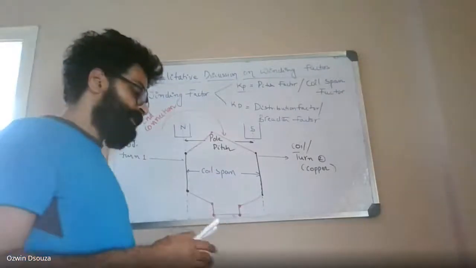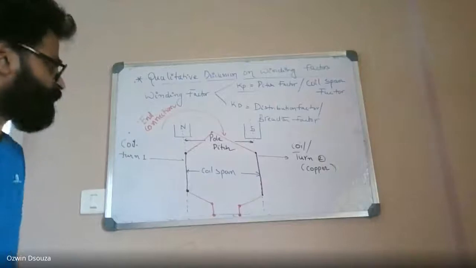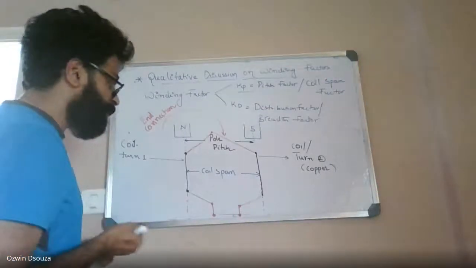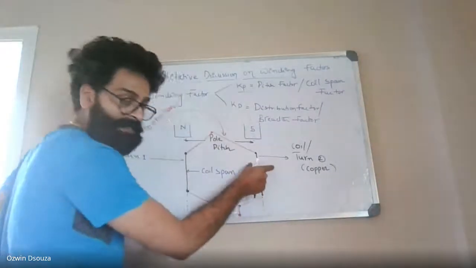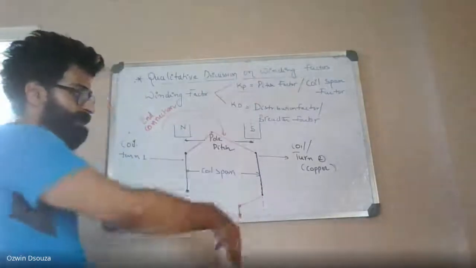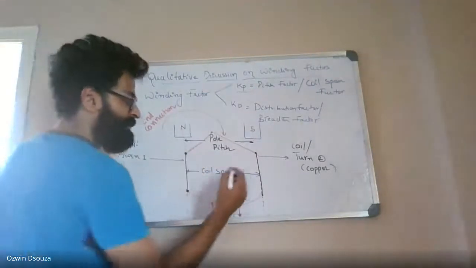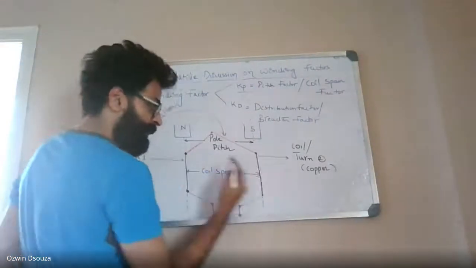Now, in case of short pitched winding, the second turn is not kept in line with the center of the south pole. Instead, it is kept at a shorter distance.